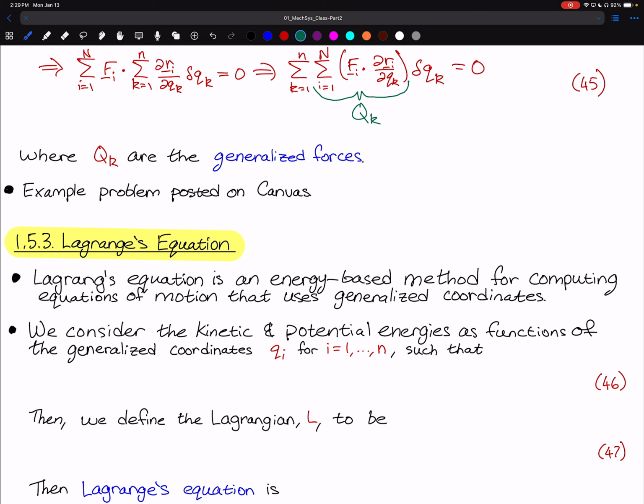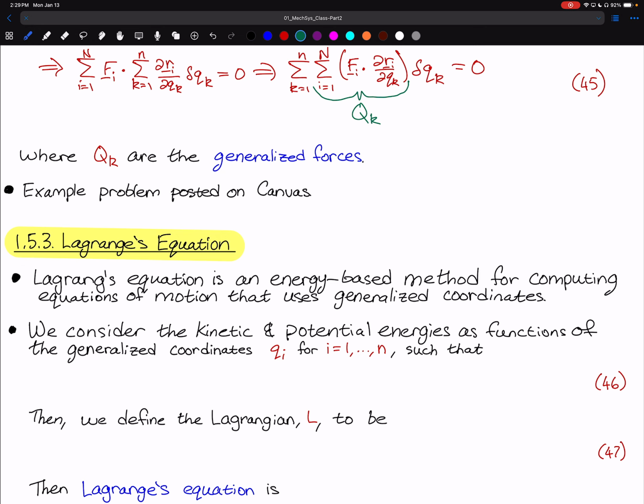Okay, so Lagrange's equation is an energy-based method for computing equations of motion, and it relies on generalized coordinates. This is why we started with generalized coordinates. We're going to consider kinetic energies and potential energies as functions of our generalized coordinates.